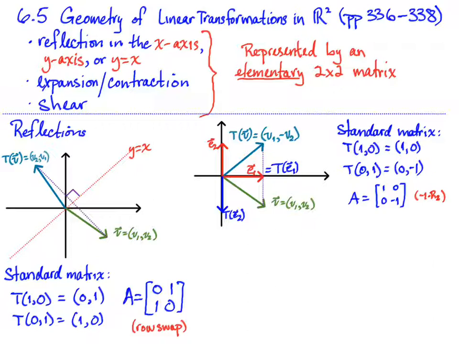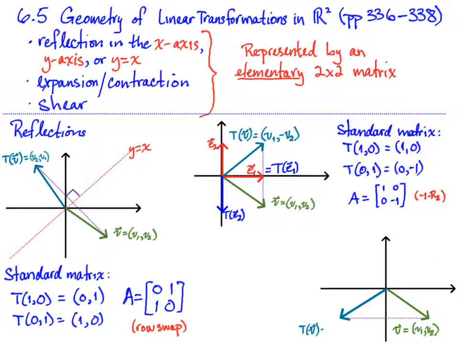All right, so let's look at the last reflection, which is across the y-axis or vertical axis. So let's start with a vector v, whose components are v1, v2. Reflecting that across the y-axis, what do we get?